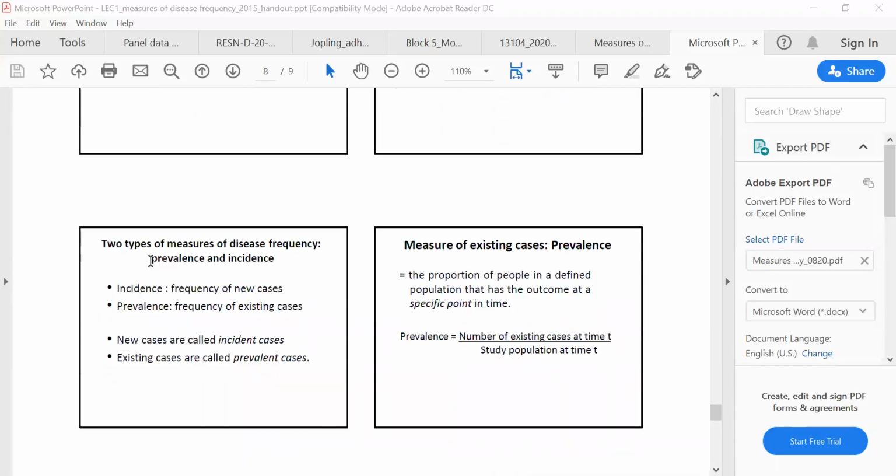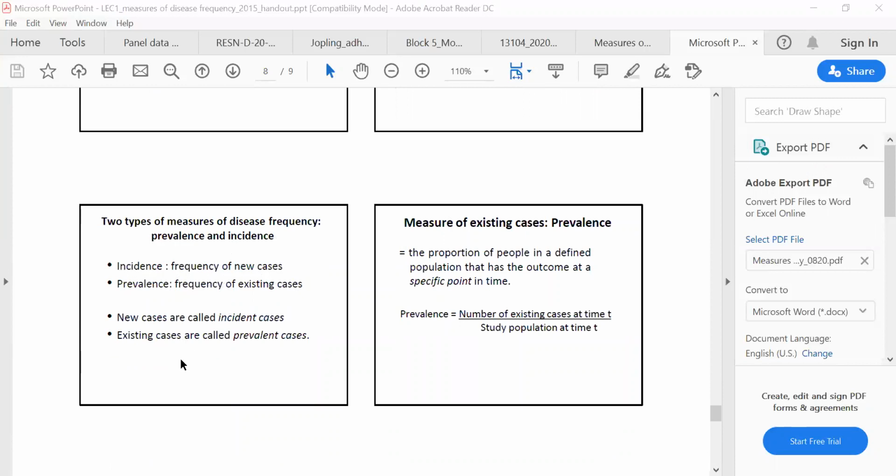What two measures do we have? We have got two types of measures. We have incidence, those are new cases. We have prevalence, those are existing cases. New cases are called incident cases. Existing cases are called prevalent cases.